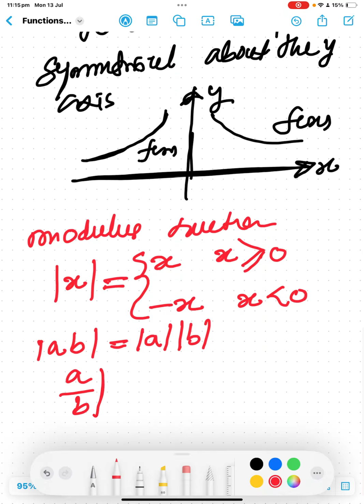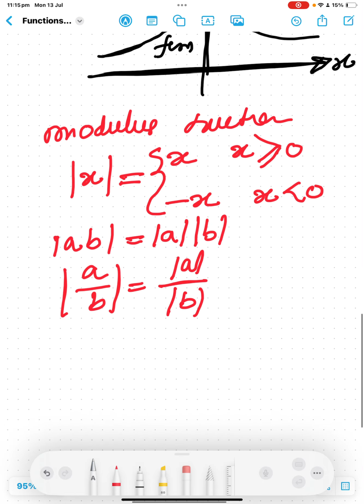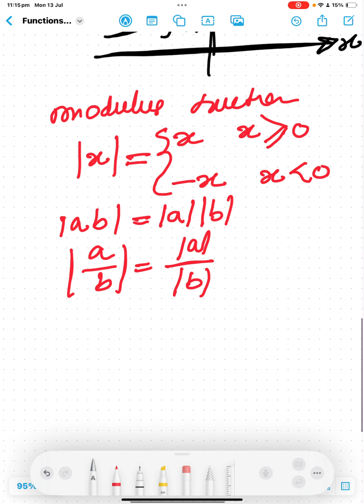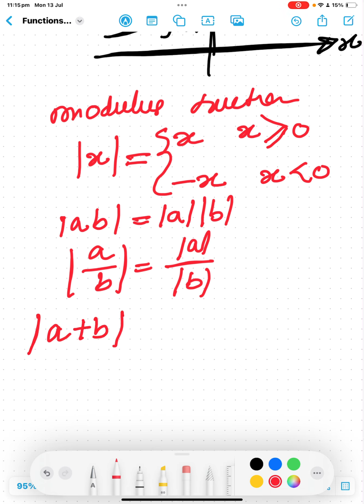The modulus of the division a over b would be modulus a divided by modulus b. The modulus of a plus b is always less than or equal to modulus of a plus modulus of b.